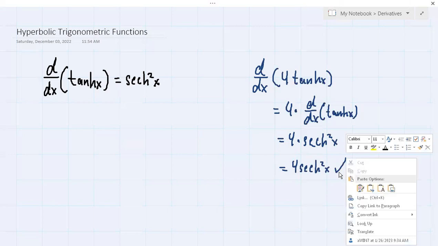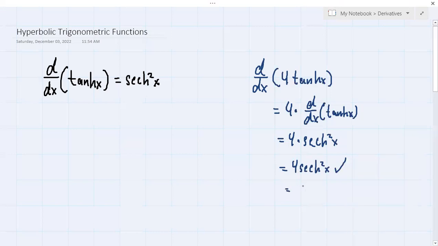Yan. Or, pwede namang gawin natin siyang 4 all over cosine h squared x. Alright, that's it. Okay, you can simplify this one further kasi meron tong Pythagorean identities ng hyperbolic trigonometric function, which is meron lang silang slight difference lang compared dun sa Pythagorean identities ng common trigonometric function. Okay?